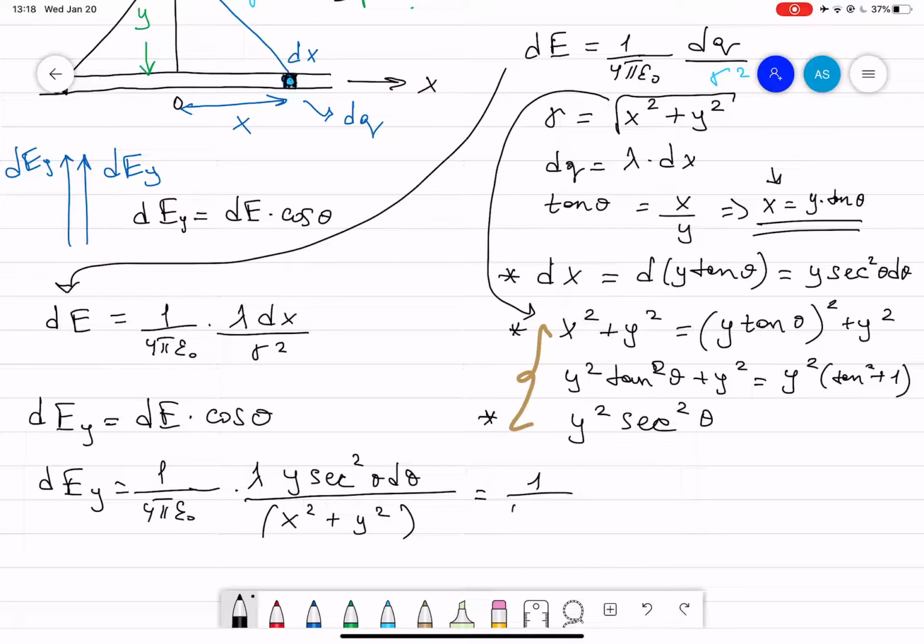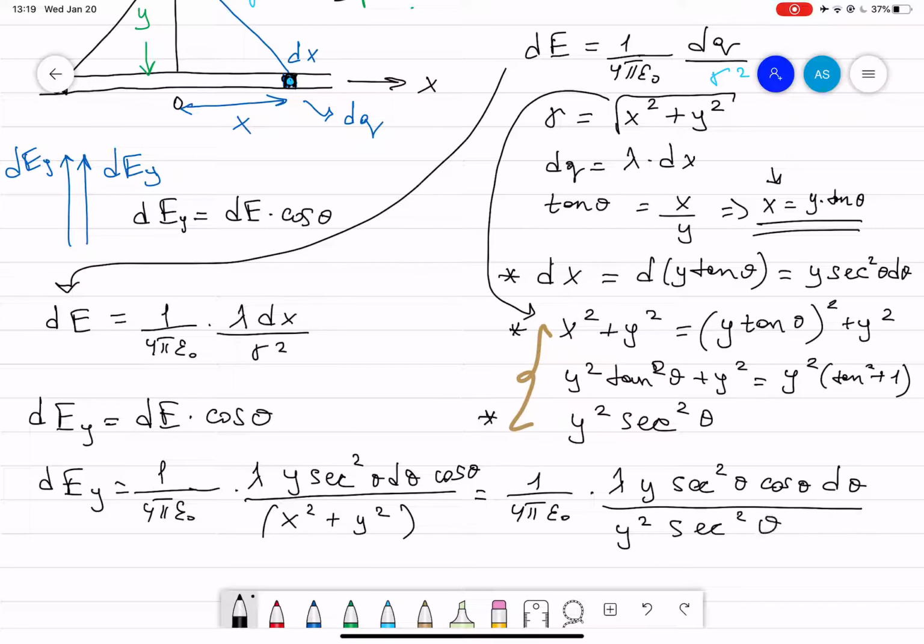So let's continue here. 1 over 4 pi epsilon naught multiplied by lambda. By the way, we are forgetting cosine theta here, because we still have cos theta. Then lambda y sec squared theta cos theta d theta divided by x squared plus y squared, which in our case was equal to y squared sec squared theta, right?